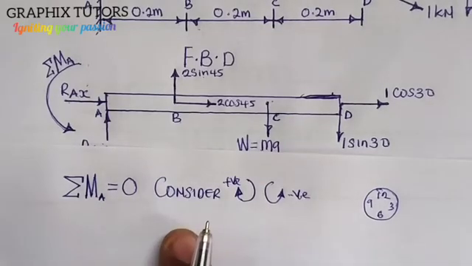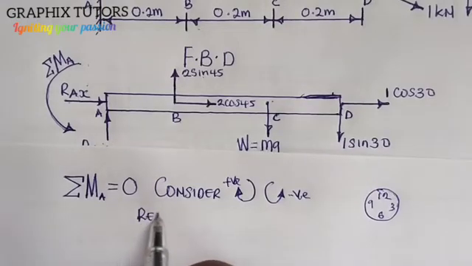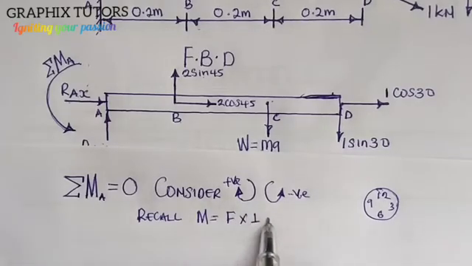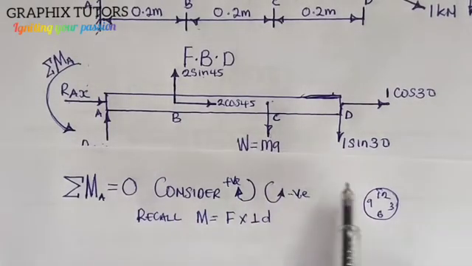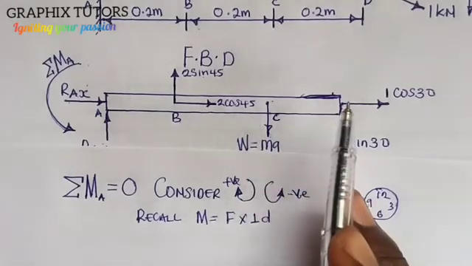Now we know, recall, moment is equal to force times perpendicular distance, right? And we have more than one moment because we have different forces. So for you to use moment, the force has to be perpendicular to the distance.